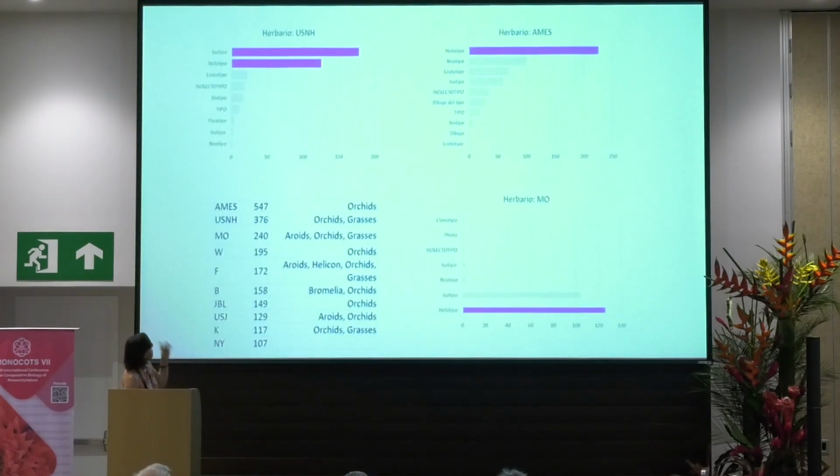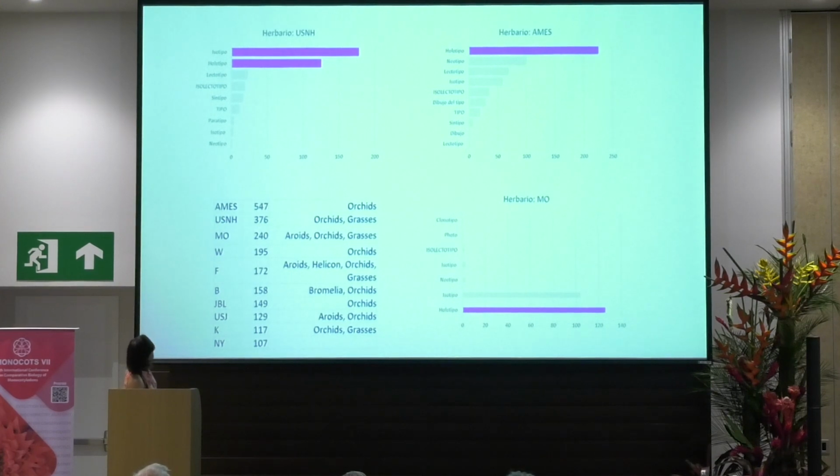And this is to show you how is the distribution in these three principal herbariums in United States where the Costa Rican type specimens are deposited. First, the AMES Herbarium, which is specialized in orchids, has a very important holotype collection, but also other categories.